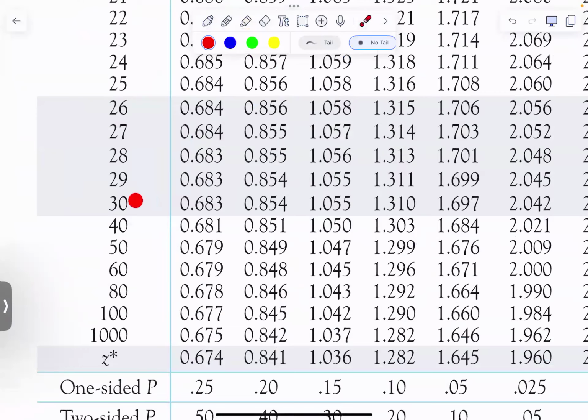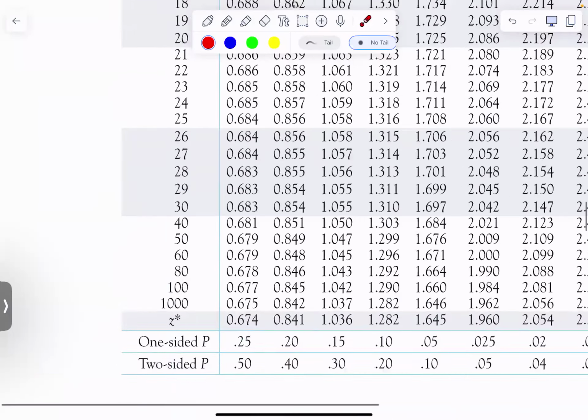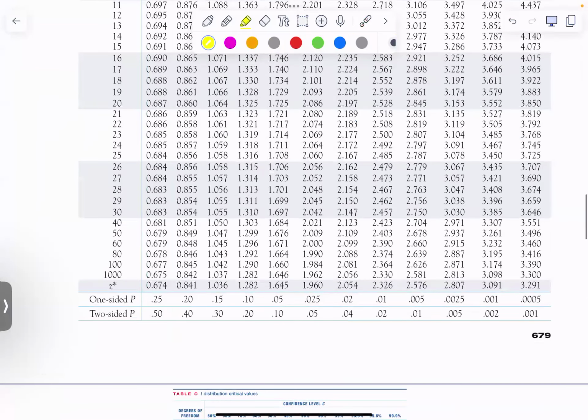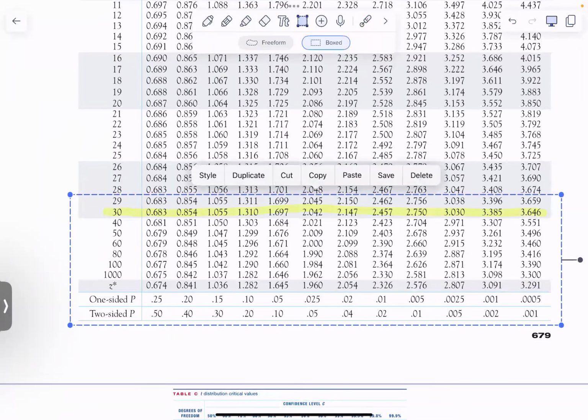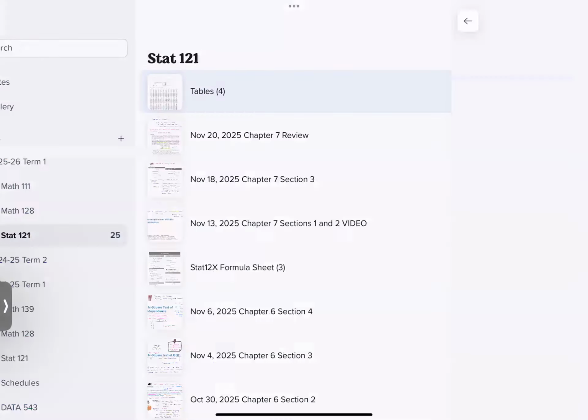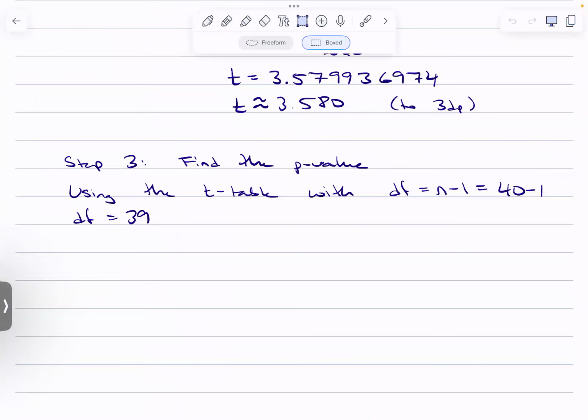If I have 39 degrees of freedom, then I have to use 30, right? 30 degrees of freedom. So I say that, but using degrees of freedom equal to 30.